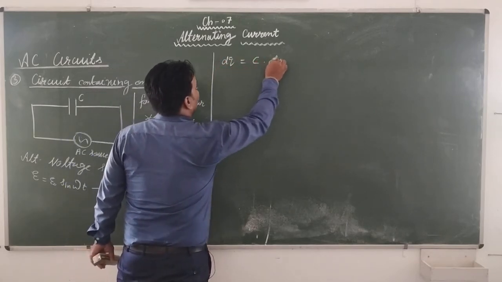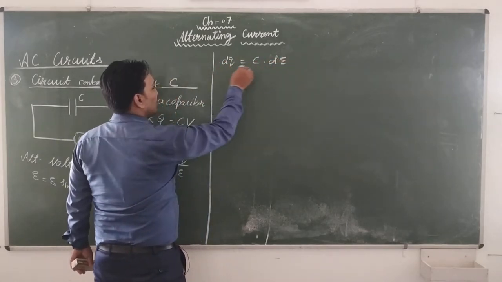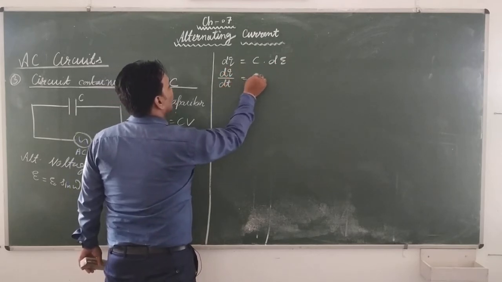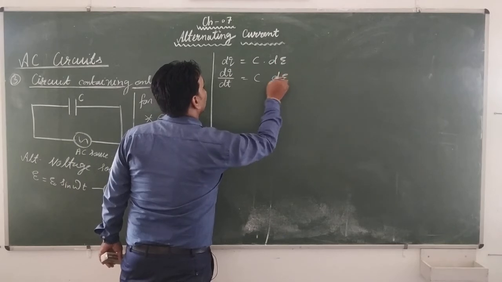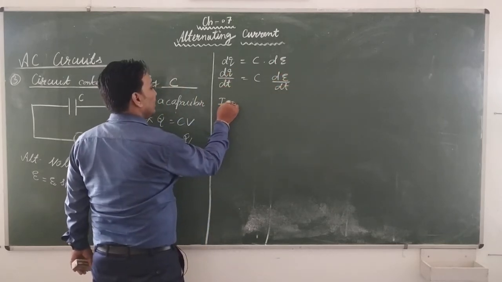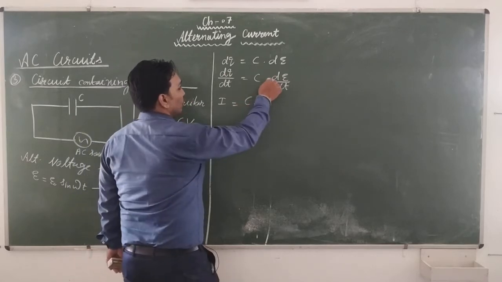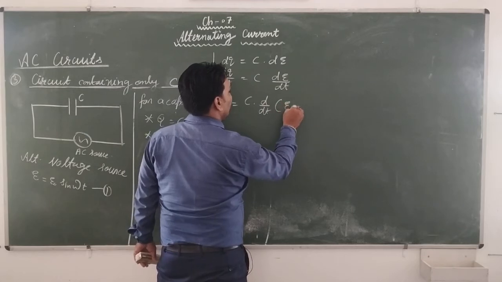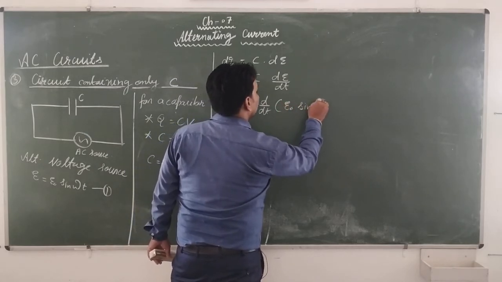From here, dq can be given as C into dE. If we differentiate both sides with respect to time, we get dq upon dt equal to C dE upon dt. dq upon dt is the current. And dE upon dt will be d by dt of E naught sin omega t.